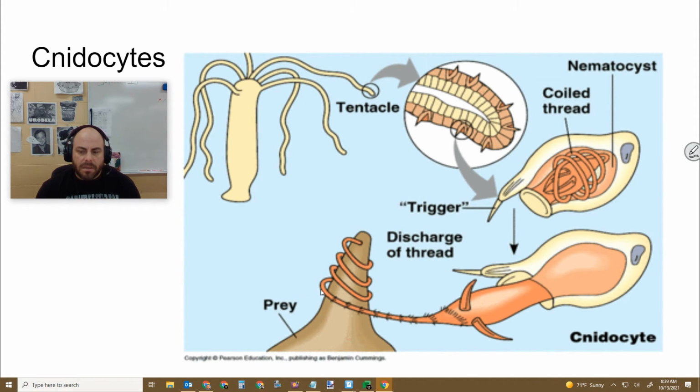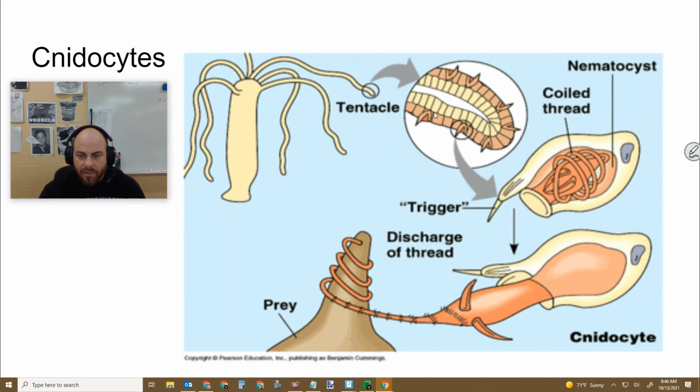Typically, this toxin is made to paralyze the prey to keep it from moving, so that the cnidarian can insert the prey into its gastrovascular cavity. It's for a slow, long digestion.